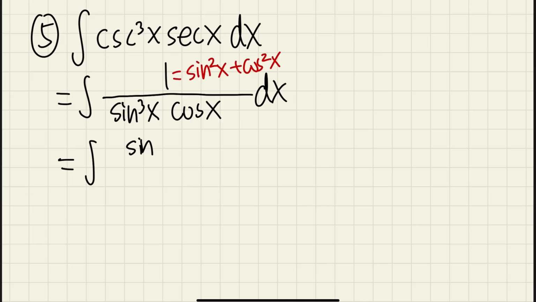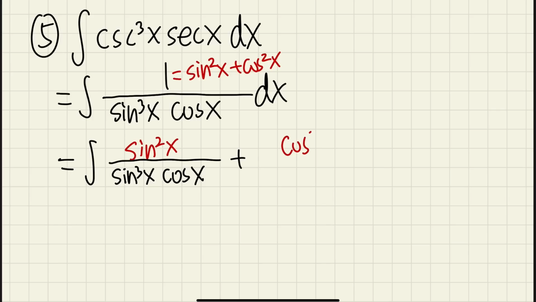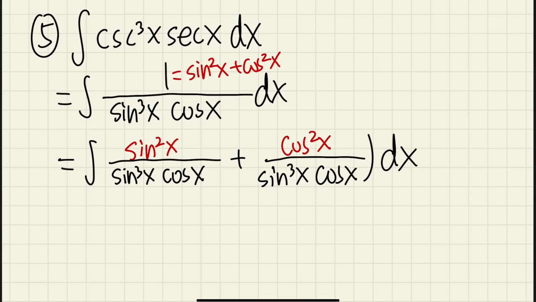Let's look at sine squared x, and I'm going to put that in red, and then over the denominator. And then plus the other part, which is cosine squared x, over the same denominator. Have a look. We can cancel out some stuff, right?